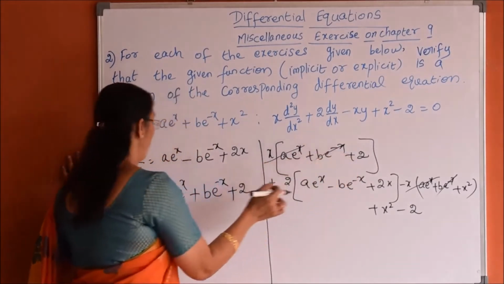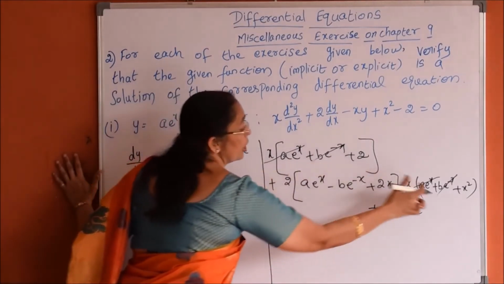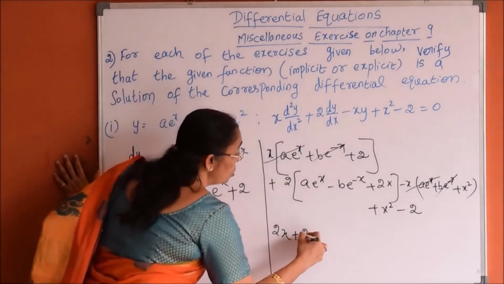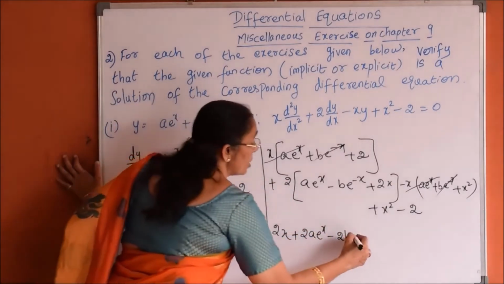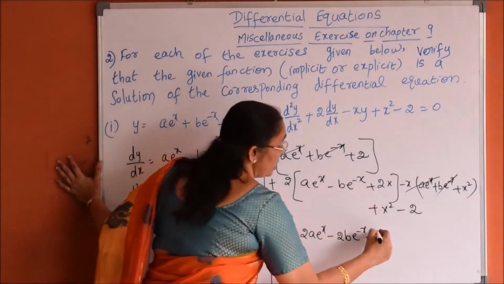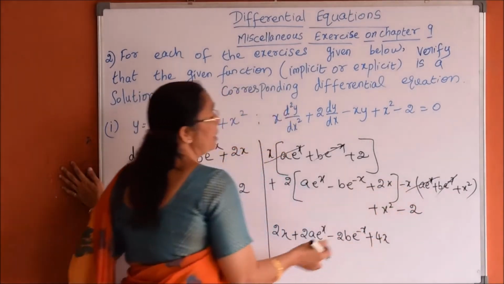In the first one we are left over with plus 2x. These two terms got cancelled with this one. Now coming to this part, this is 2a e power x minus 2b e power minus x plus 4x, and here minus x into x square.